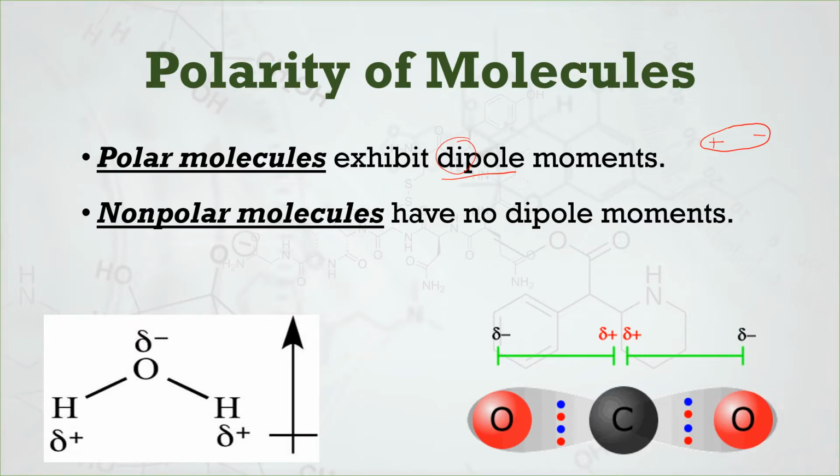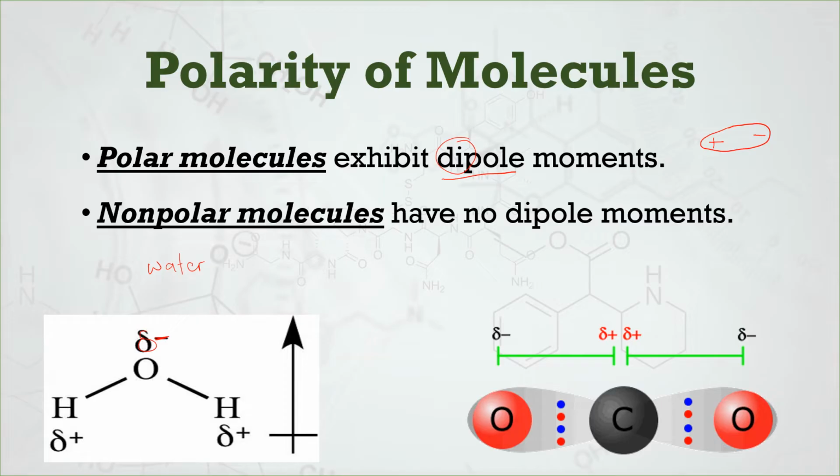So considering now the bent shape of water in here, in the first picture, take note that the dipole moment always points from partial positive to partial negative. Okay, so in here, oxygen is charged partially negative because oxygen is more electronegative than hydrogen.